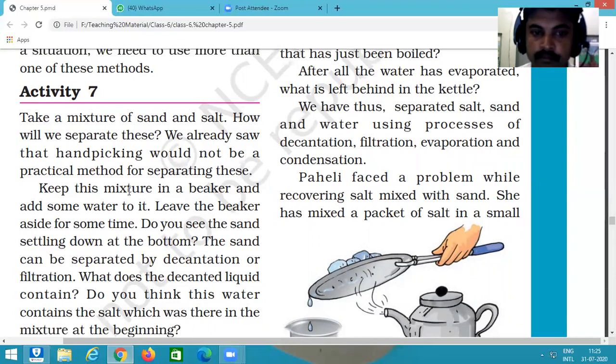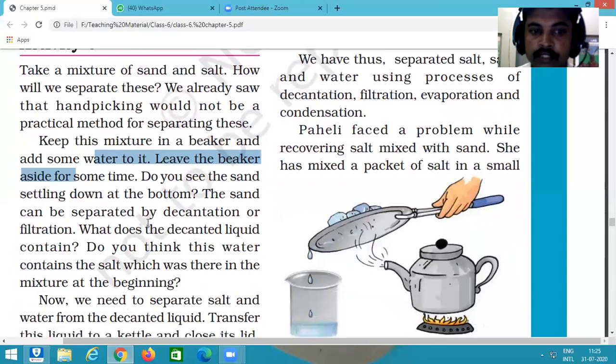We take the mixture in a beaker, add some water, and leave the beaker for some time. From the start, we take a mixture of salt and sand in a beaker and add some water to it, and after some time we see the sand particles settle down at the bottom.